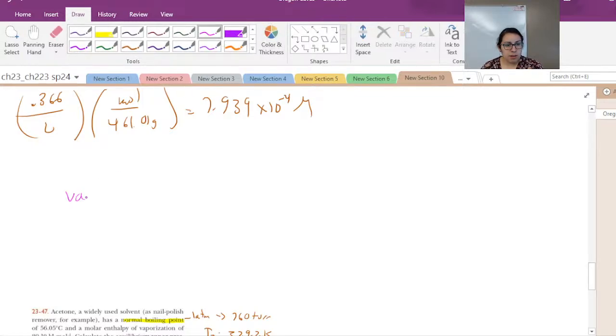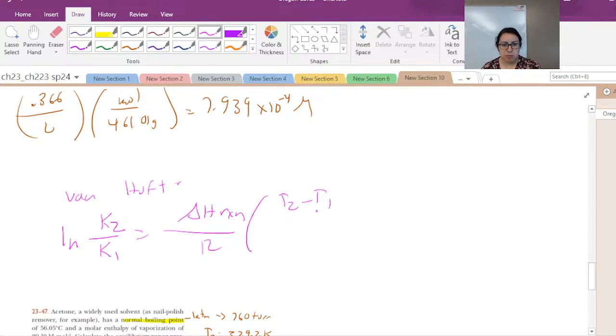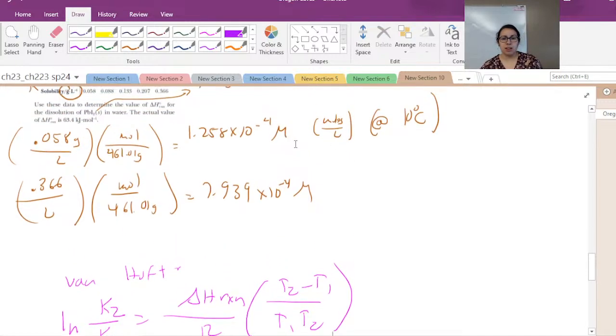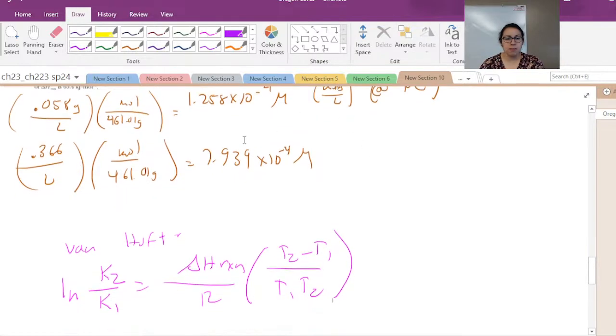And so our Van't Hoff is our natural log of K2 over K1 is equal to, so we're trying to find our delta H of our reaction at these certain temperatures, so we'll plug in our temperatures in a second. But we're still not quite there because we need K, right? Because we have molar solubility. And so we could plug in the formula for K, if you remember that relationship.